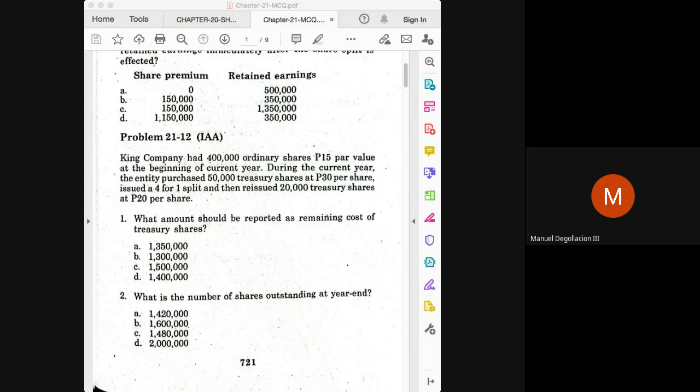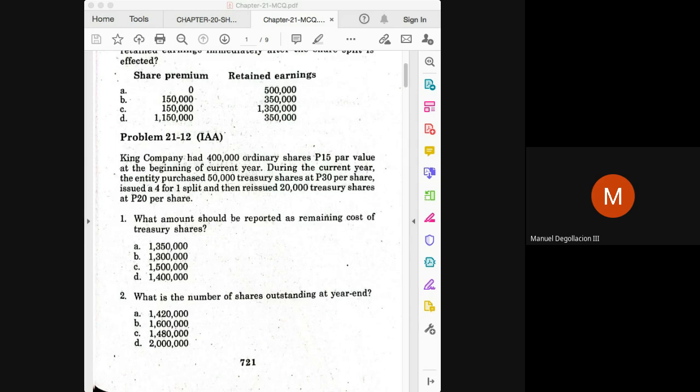Why would some students think that the share split is not to be applied to treasury shares? It is because of your dividends class. Your share split and your dividends are discussed closely together. And the rule for dividends is that treasury shares will not receive dividends.